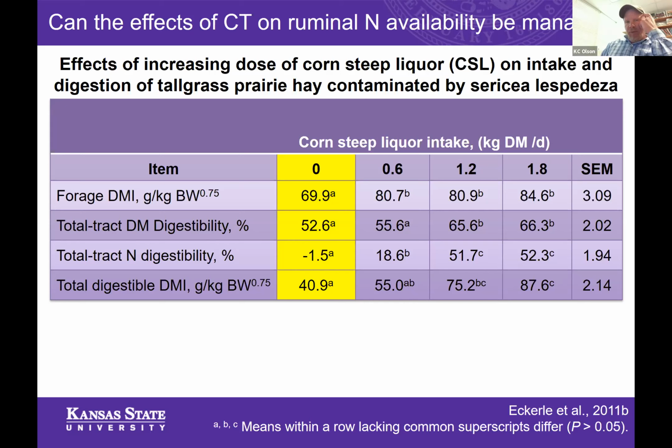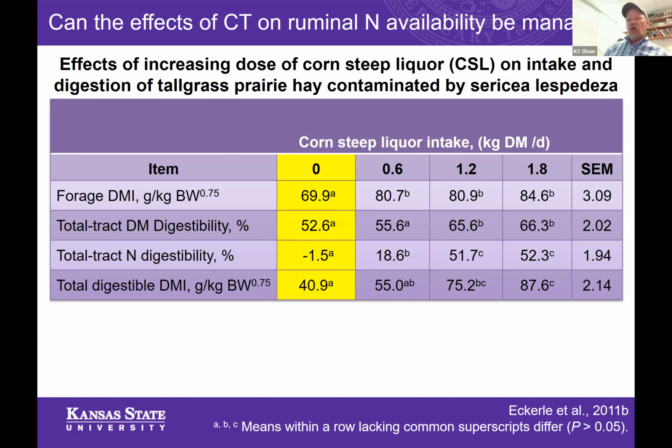And what we found is that when animals were consuming this contaminated forage, they had very poor digestibility characteristics, and they had total tract nitrogen or protein digestibility that was less than 0. That's very dramatic. That's worse than a protein free diet.